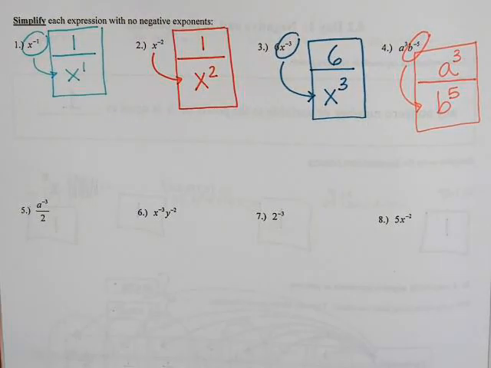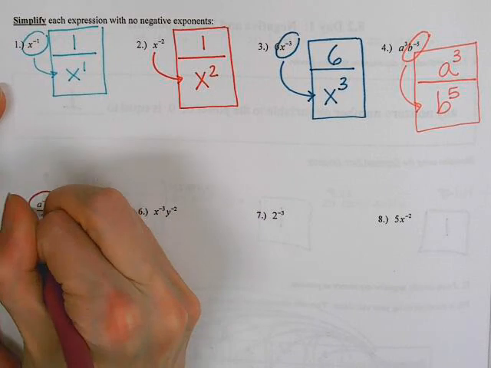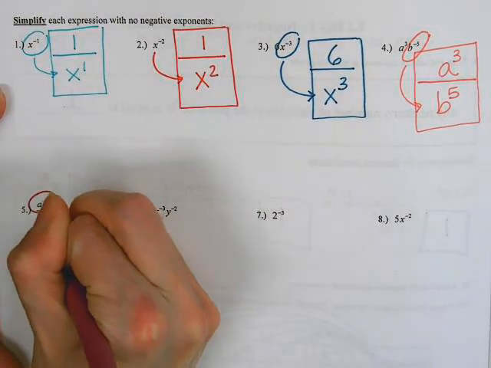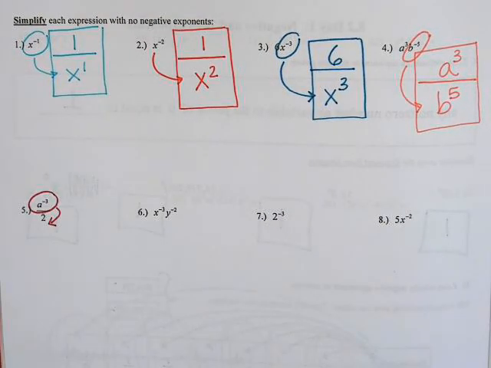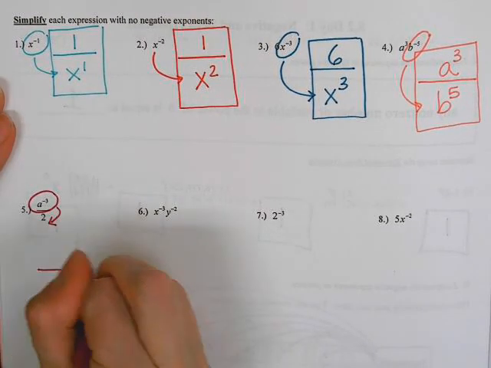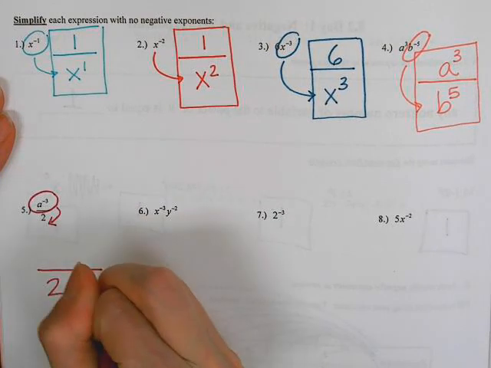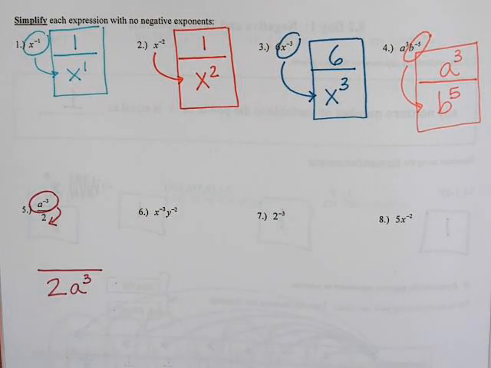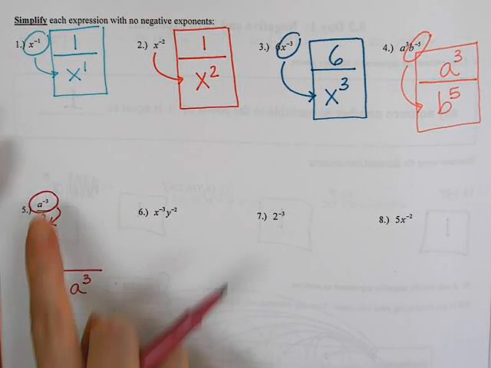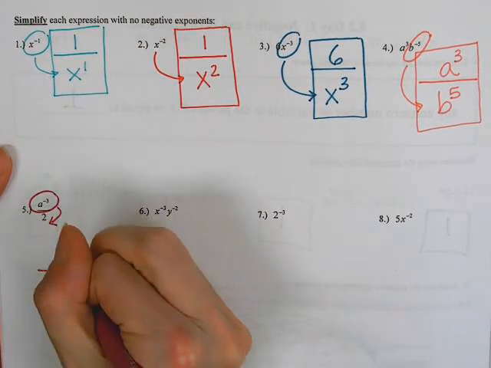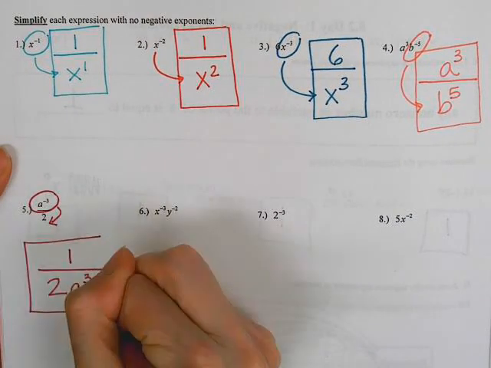Let's do a couple more. Number 5, if your exponent's negative, drop it like it's hot. There's already a 2 down there, so the 2 is going to stay, but the a to the 3rd is going to join him in the denominator. Now that everything's in the bottom, you have to put a 1 on top.